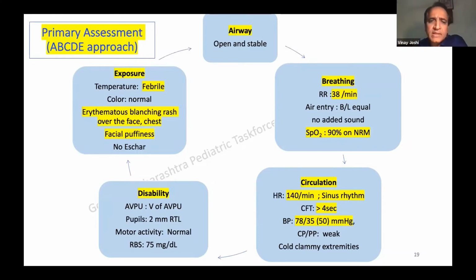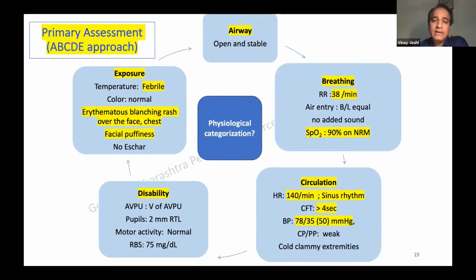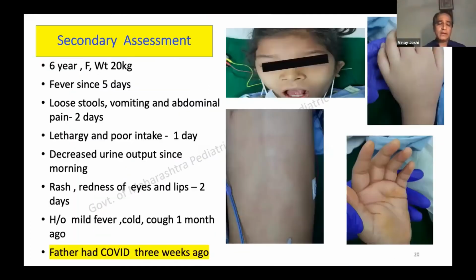So on ABCD approach and primary assessment, what is your physiological categorization? As is evident from the findings, the child is definitely in hypotensive shock with respiratory distress, and we'll come to the diagnosis after the secondary assessment.